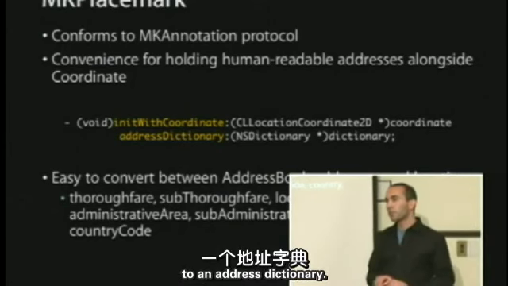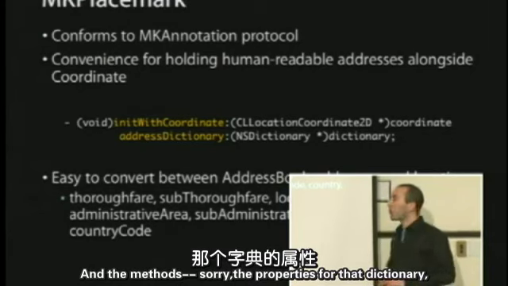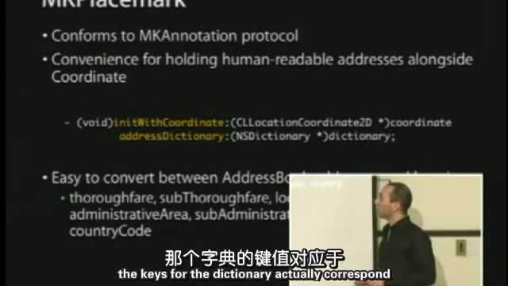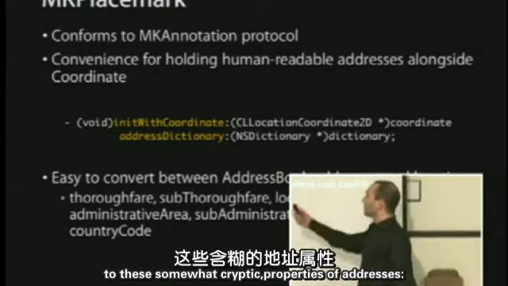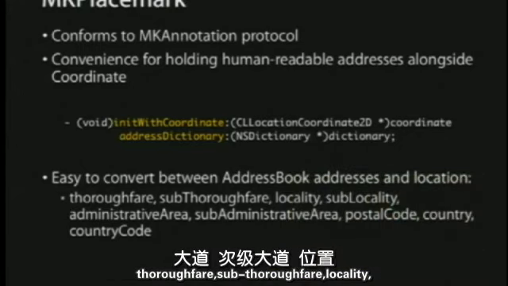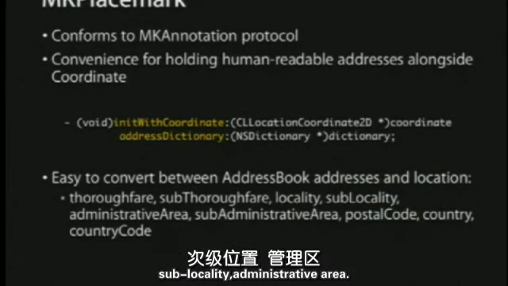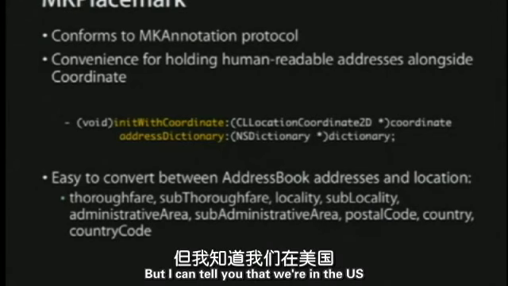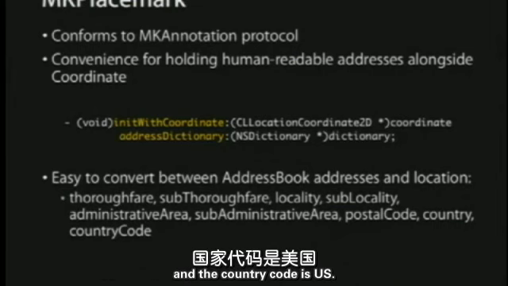And the keys for that dictionary correspond to these somewhat cryptic properties of addresses: thoroughfare, subThoroughfare, locality, subLocality, administrativeArea. I don't even know what administrative area we're in right now, but I can tell you that we're in the U.S. and the country code is US.